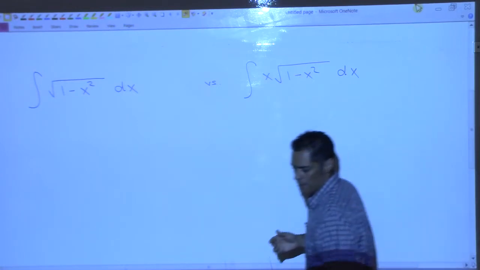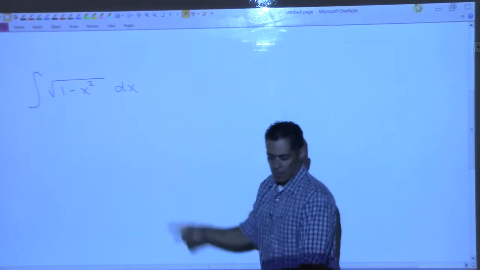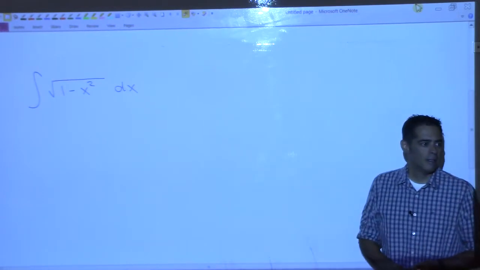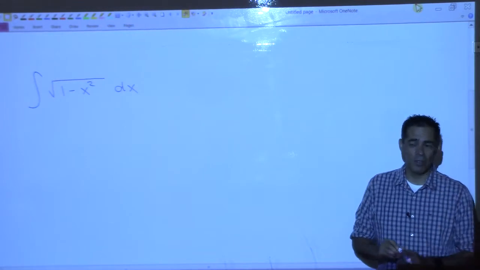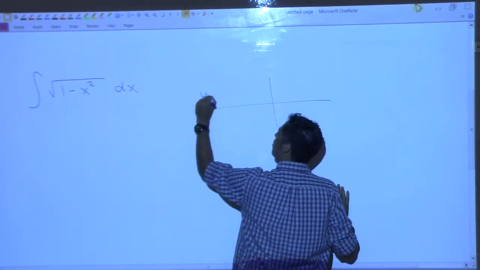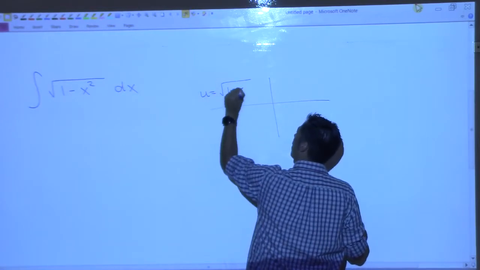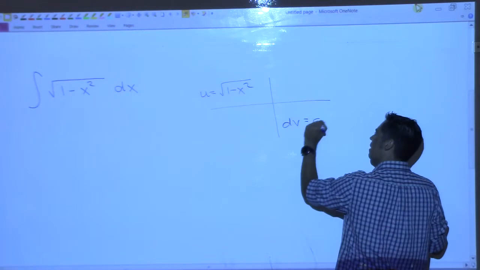What about integration by parts on this one? You only have one choice for u, right? What would it be? U would have to be the square root of 1 minus x squared. And then dv would have to be dx.